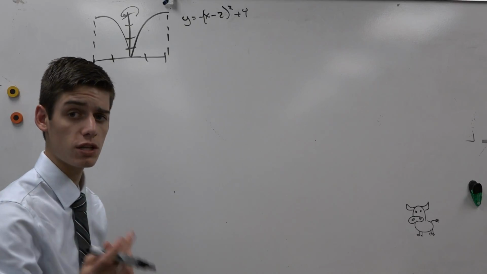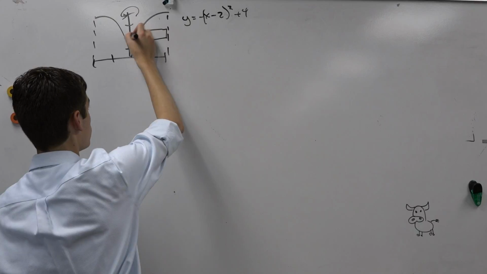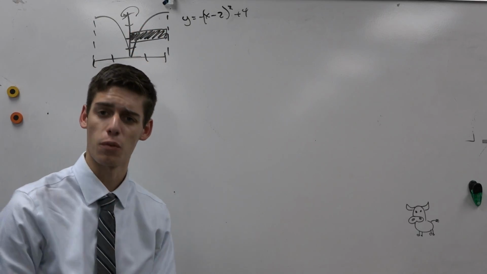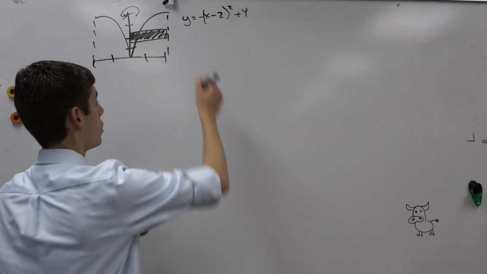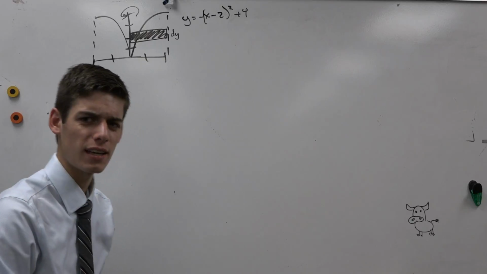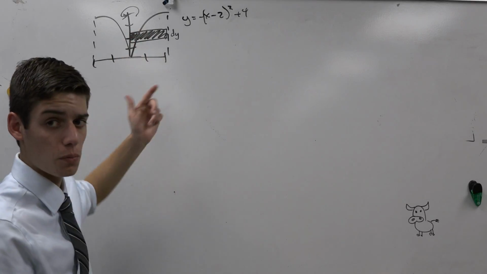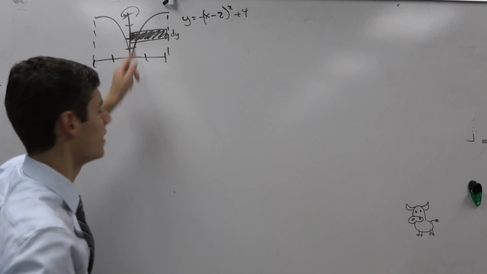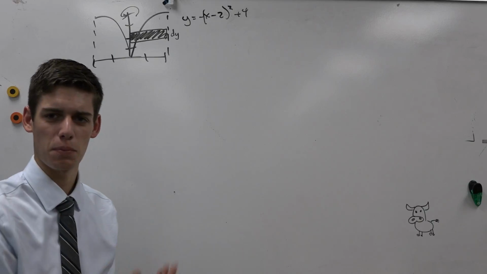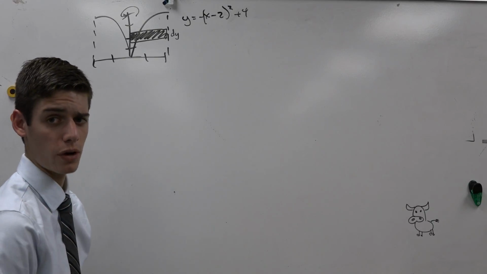So first thing we're going to do is make our rectangle. This time it's going to be starting on the y-axis because that's what's rotating around. The height is going to be dy, and the radius gets a little tricky because you'd think, oh, I can just do it from 2 and just be 2, but you can't because this middle part is being revolved and just making a kind of empty part of the volume graph.